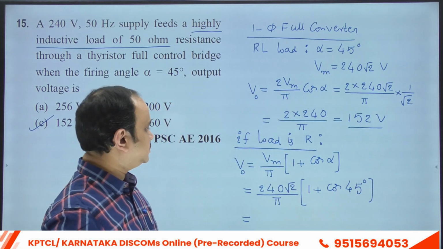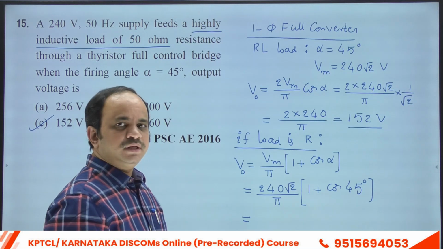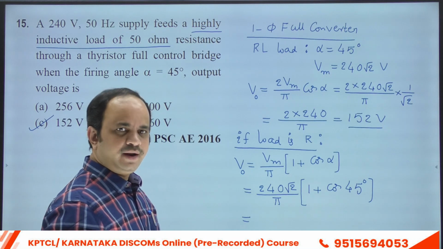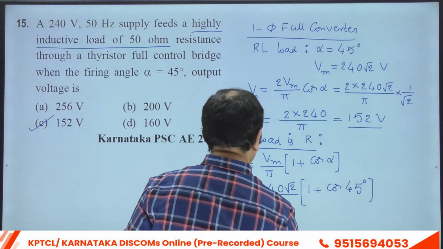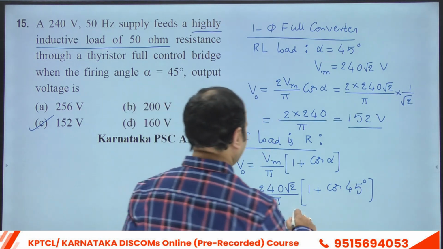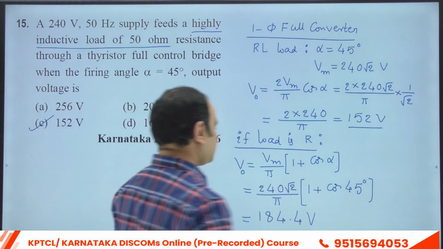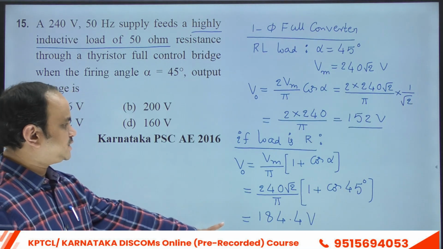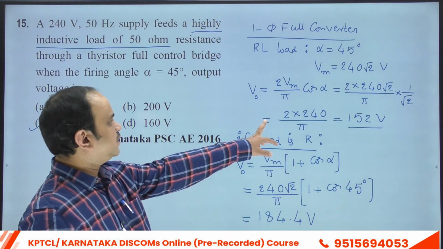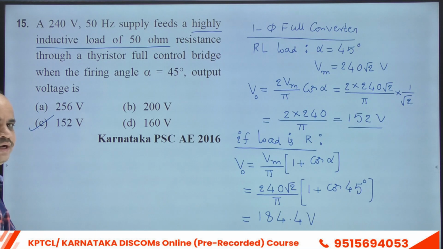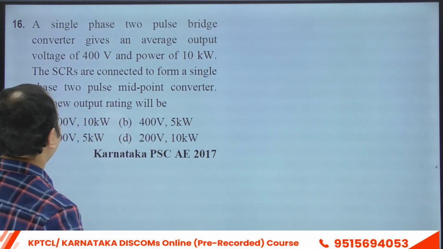This value will come around 184.4 volt. If the load is resistive, this is the procedure. If the load is inductive, that is the procedure. Of course, for this question, 152 volt is the answer.